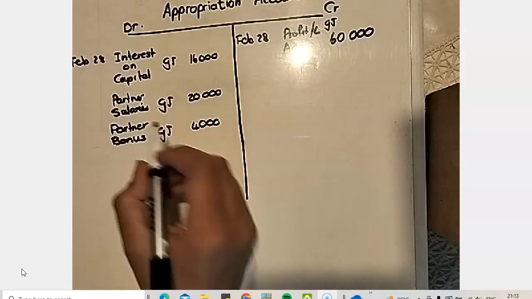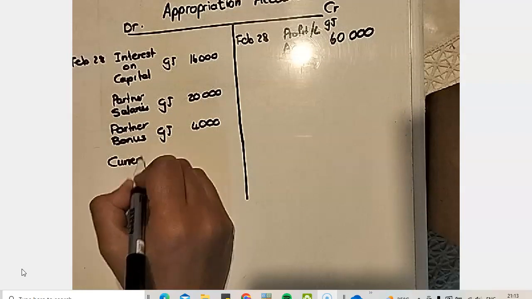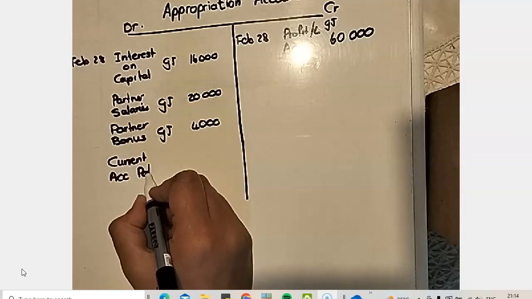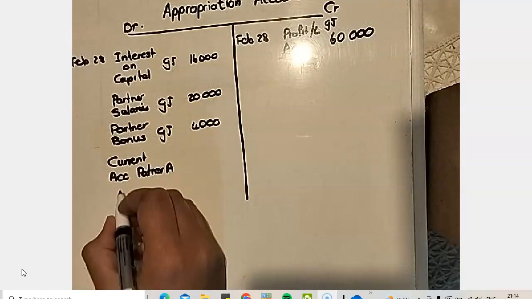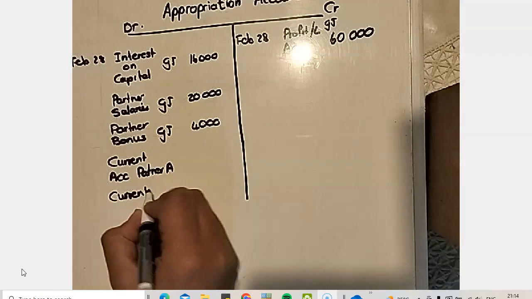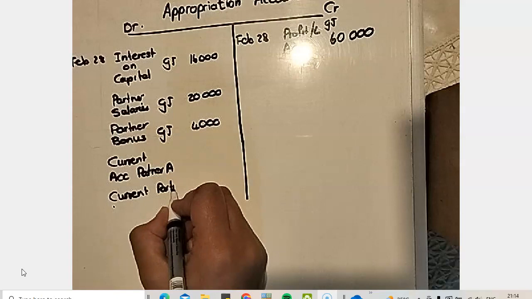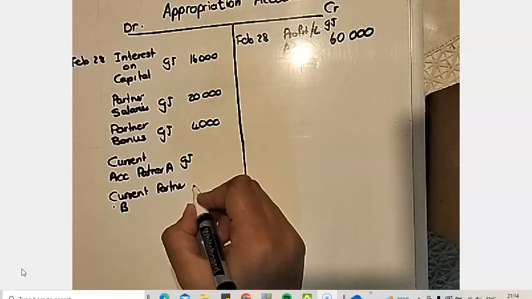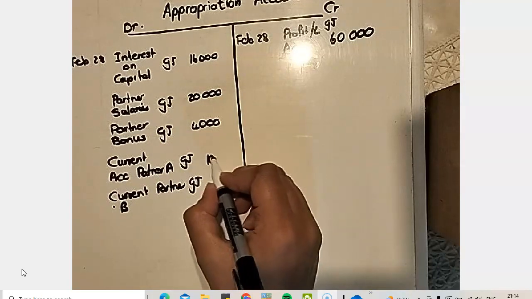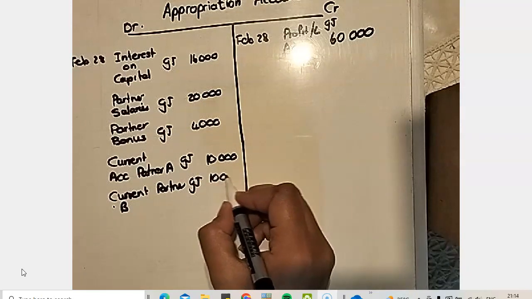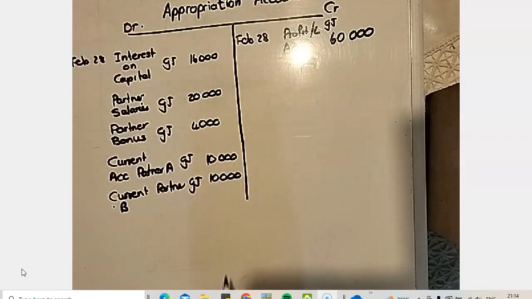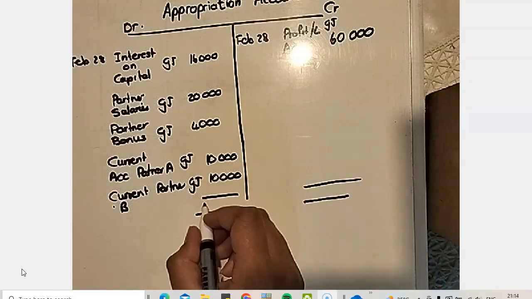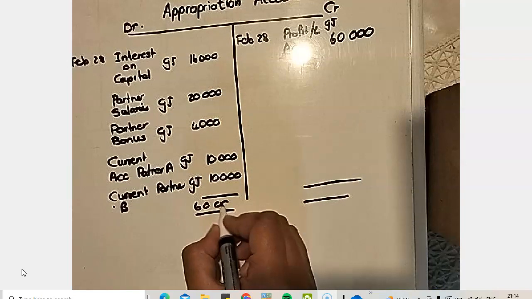Then you've got current account from partner A, then you get current account of partner B, also the general journal, and that will be 10,000. Okay, the current account I'm going to discuss with you now. So we just add up, and your general ledger needs to balance back to 60,000.